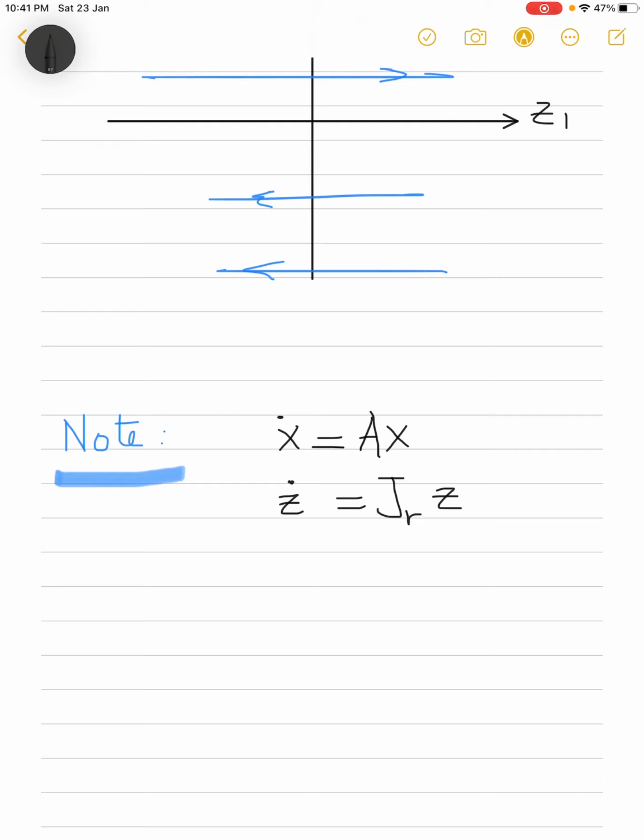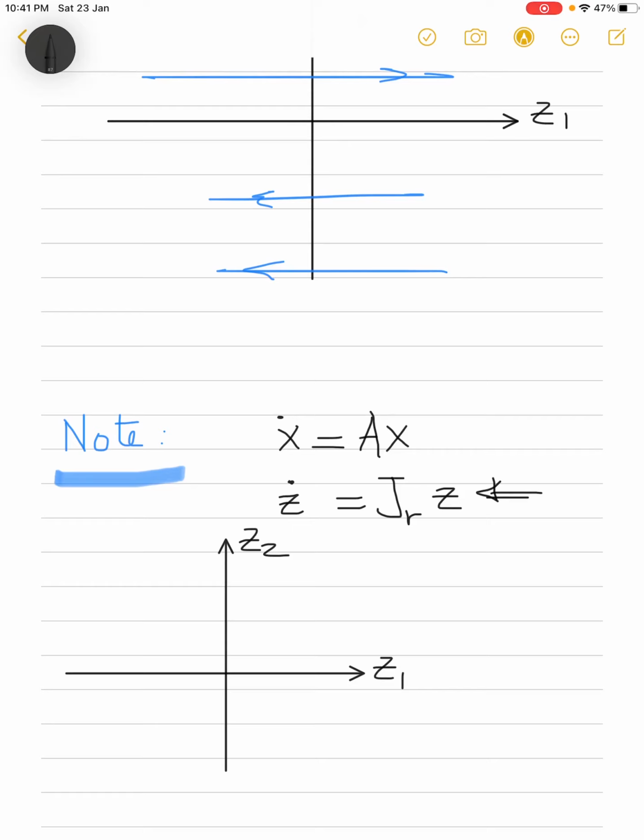Now, the benefit we got from this transformation is that we get the z1 and z2 axes to be orthogonal, and along these axes we will have the eigenvectors of the system. So that would be like some kind of normalization for the system. So for example, if I assume this to be z1 and this to be z2, then the eigenvectors will be along z1 and z2, and they are orthogonal.